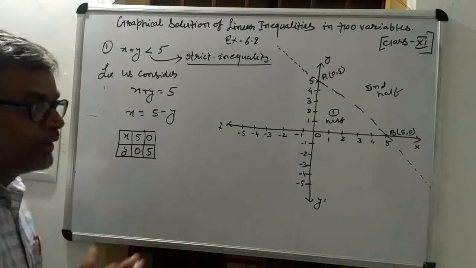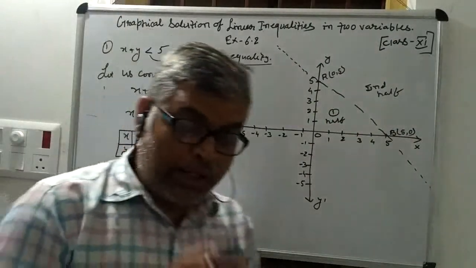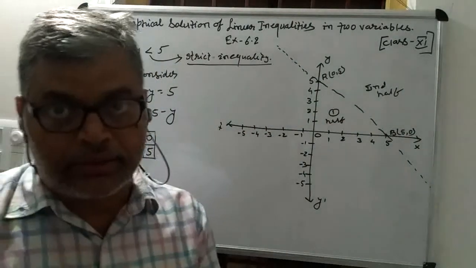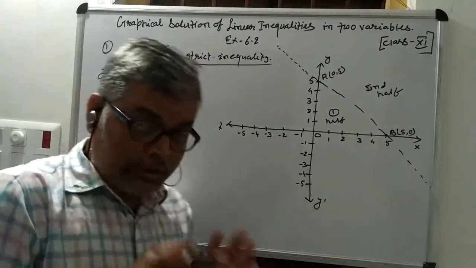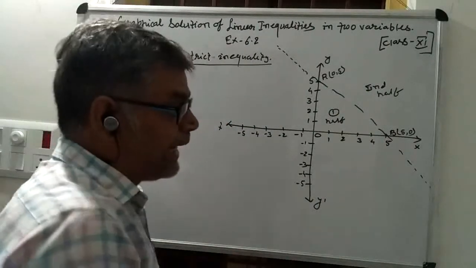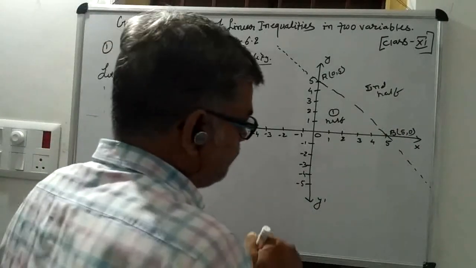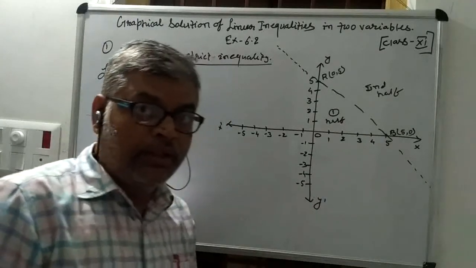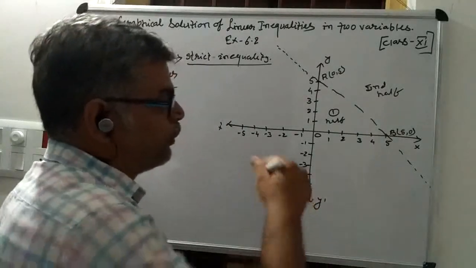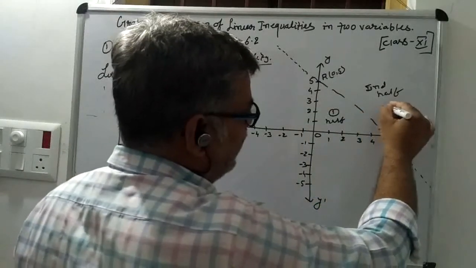Now you have to consider what is the solution region of this inequality. Then you take any point of the plane not on the line. Suppose this is the line, so you may take any point.